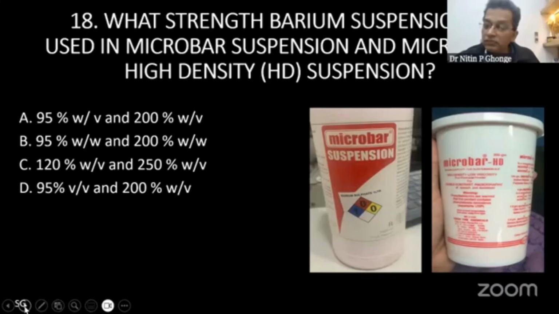Barium suspension is diluted with water by volume, which is 95% water by volume in Microbar suspension and 200% water by volume in Microbar high density.